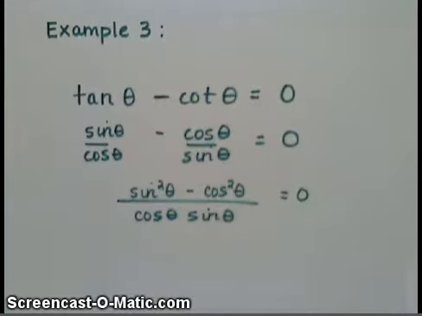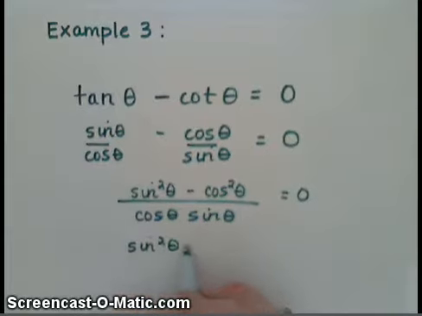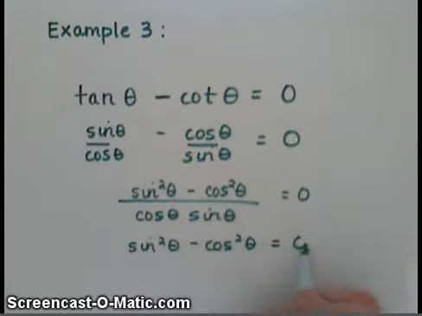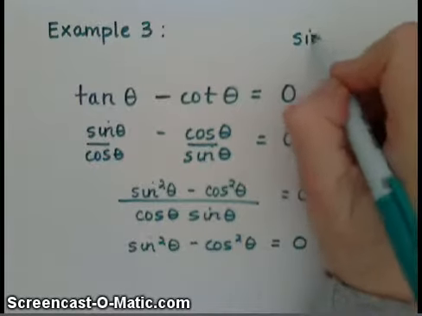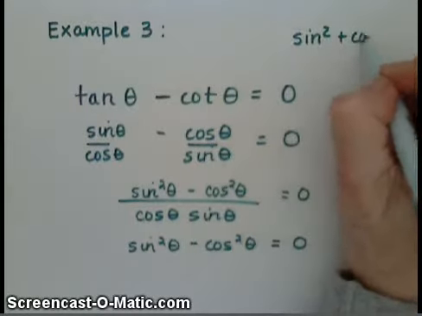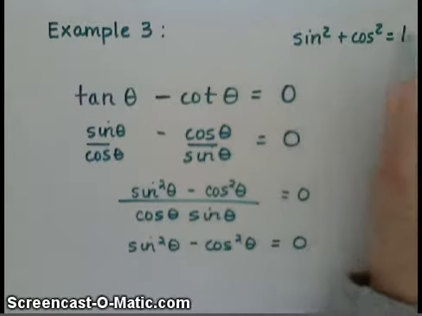Now, since this is proportional, we can multiply both sides by cosine sine, and we will get sine square theta minus cosine square theta equals 0. That's by cross multiplying. You see this denominator would go out. Now, this one, we can refer back to our fundamental identity, sine square plus cosine square equals 1.